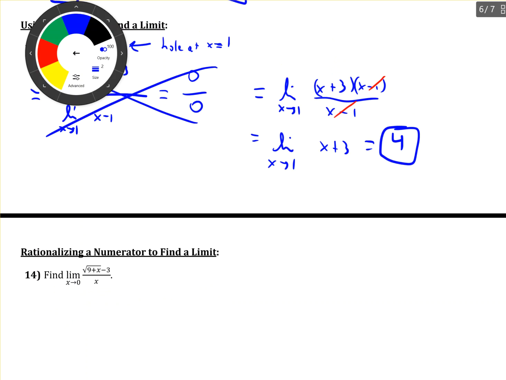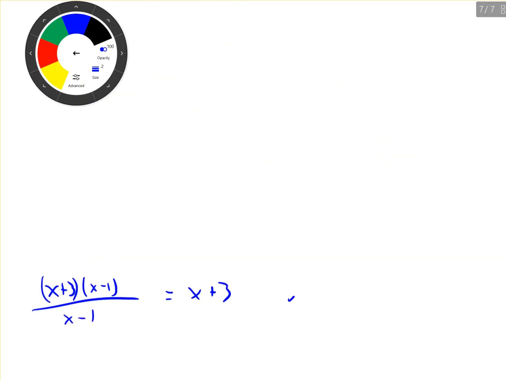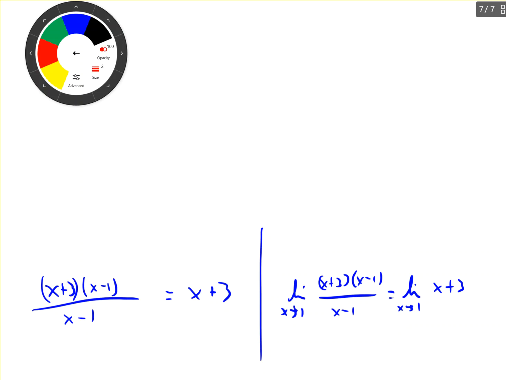Well, you might say, well, wait a second, we just did it up here. But there's a difference. I can say the limit as x goes to 1 of x plus 3 times x minus 1 over x minus 1 equals the limit as x goes to 1 of x plus 3. I can say that. So the right side is okay, the left side is not. And the reason for that is, remember what we talked about last time.